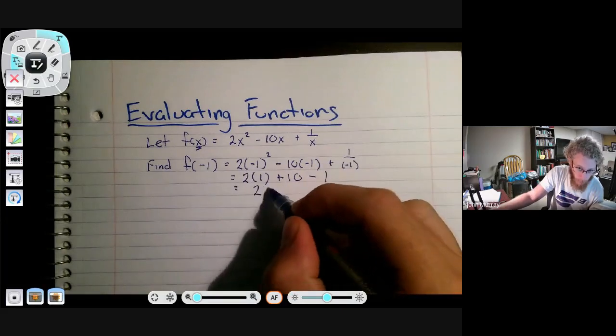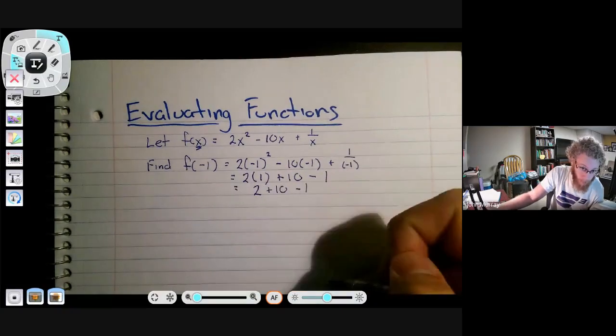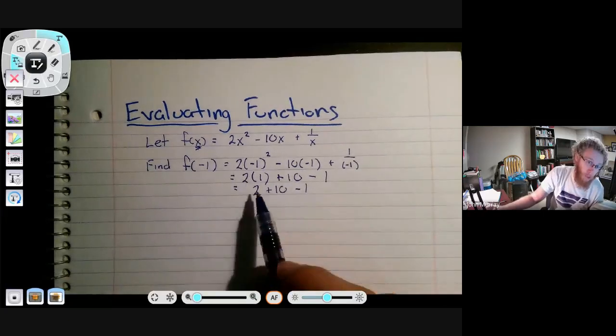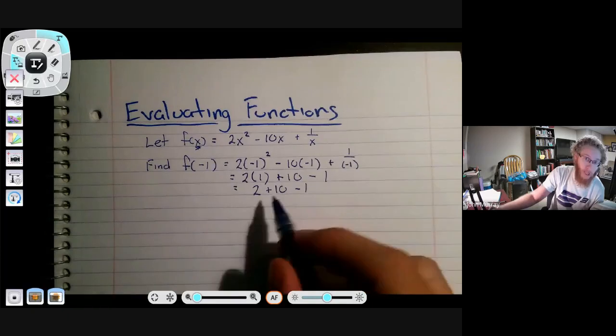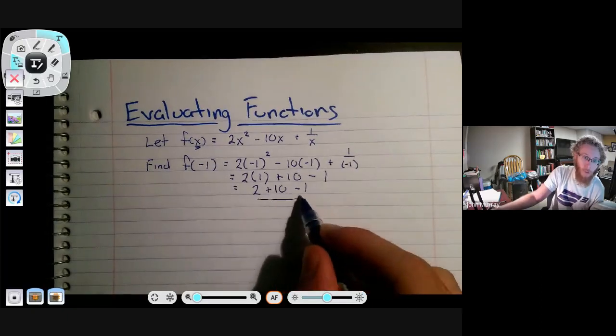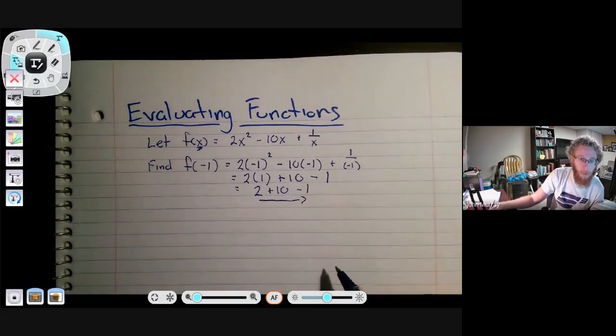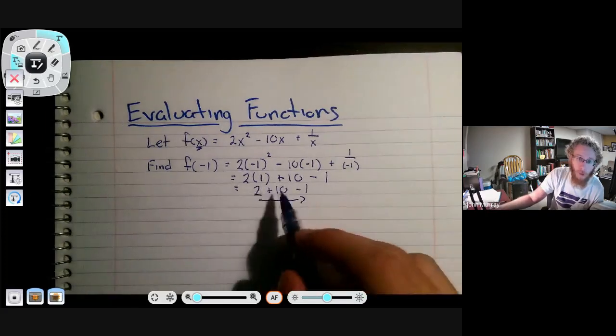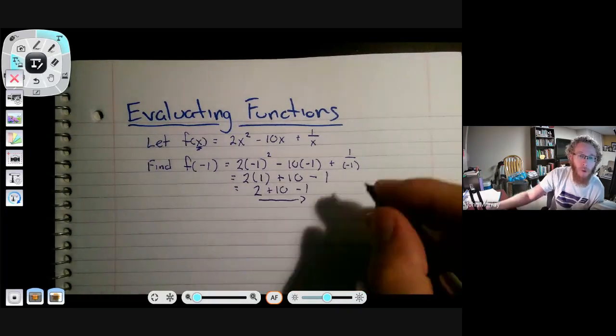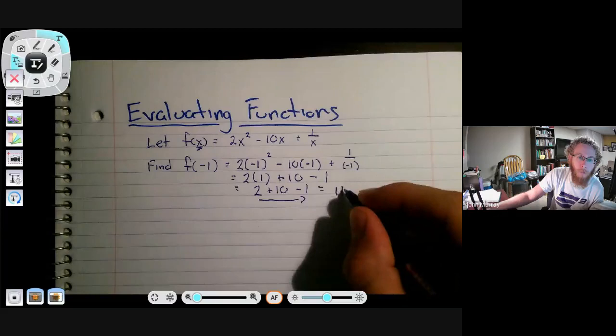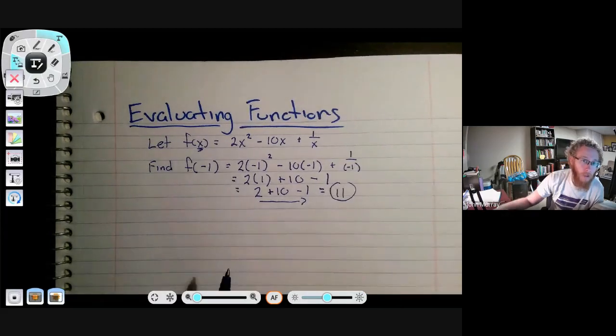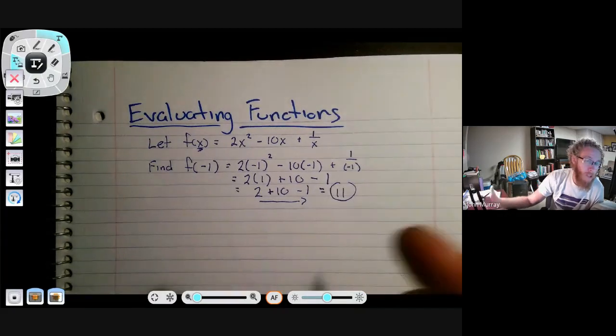That's just going to be 2 plus 10 minus 1. Now be careful. When you have something like this, where it's addition and subtraction, always move left to right. Okay? So you're going to do 2 plus 10. That's 12. 12 minus 1 is 11. Right? So that's how we evaluate a function.